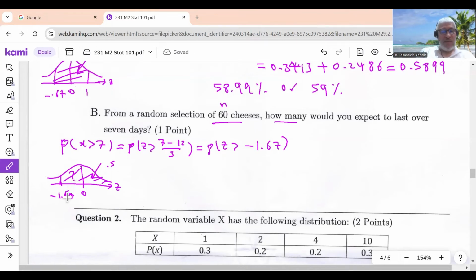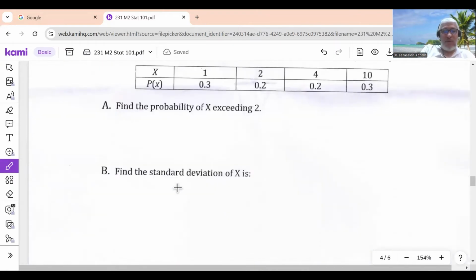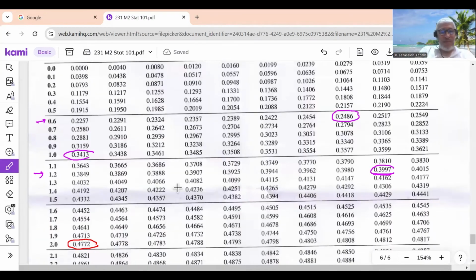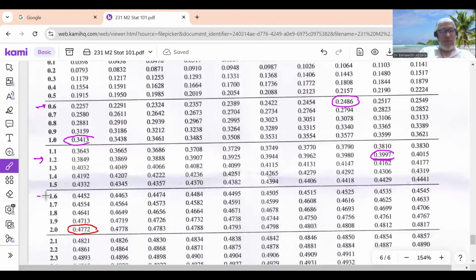I cannot find this area from the table, so instead of finding the area from 0 to -1.67, I find the area from 0 to +1.67. So if you want to write Z is between 0 and 1.67, this probability you can find from the table. So let us go to the table to the number 1.67. This is 1.6 and 7 is here.